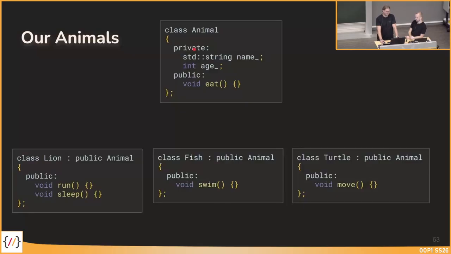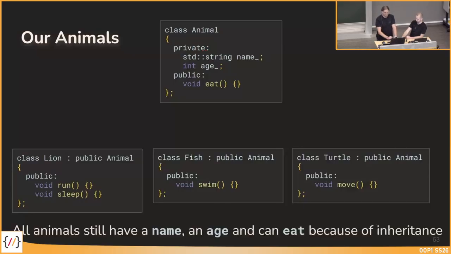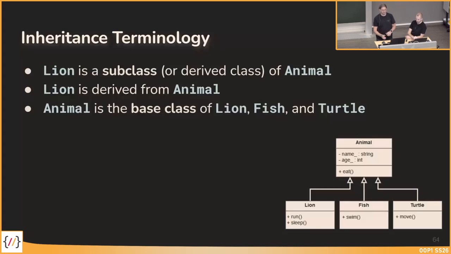But I think that's just a teaser for next week, so that you have the basic understanding of inheritance and what it is. We have a base class. So we have a lion, which is a subclass, a derived class, of animal. Animal is the base class, and lion, turtle, and fish are the derived classes.